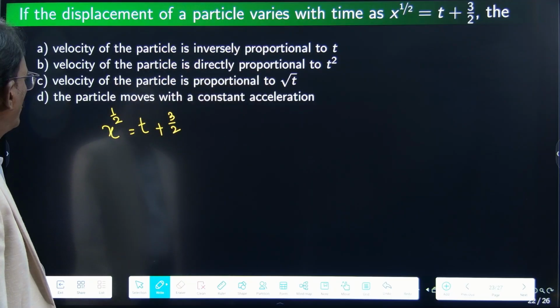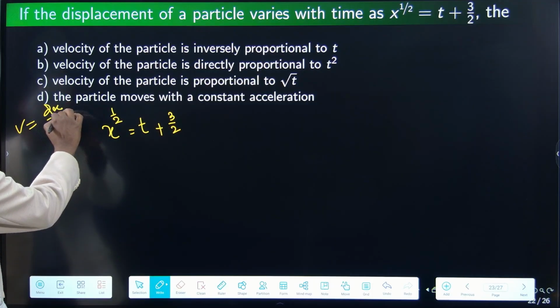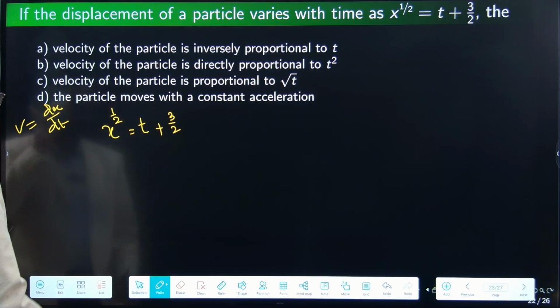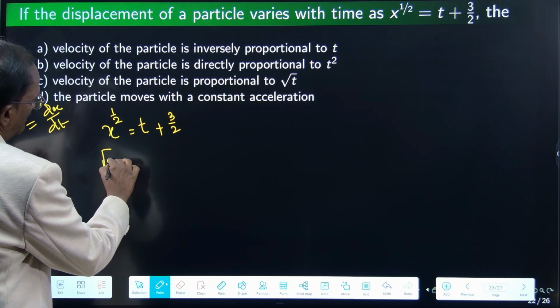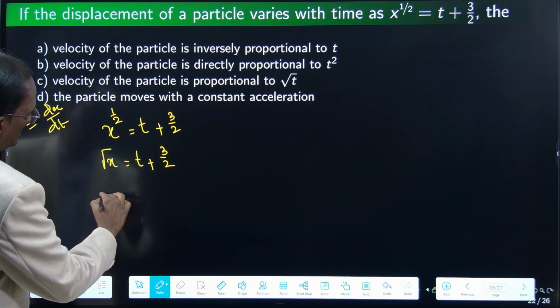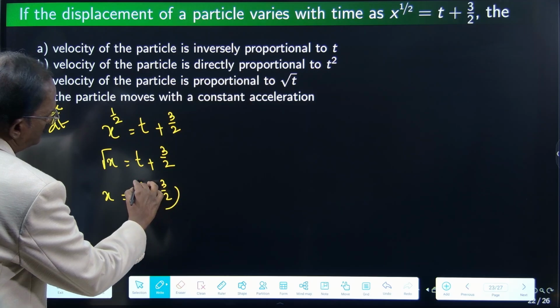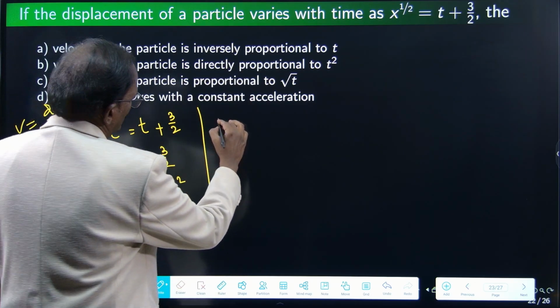So let us find the velocity first. V is equal to dx by dt. This equation we will try first. x power of 1/2 is root x. Root x is equal to t plus 3 by 2. Let us square it. X is equal to (t plus 3 by 2) square. Dx by dt we will find.